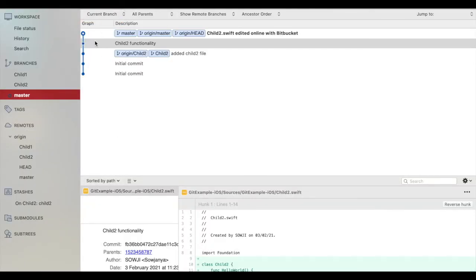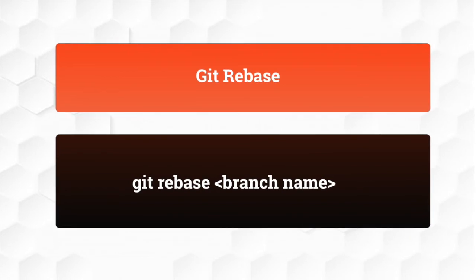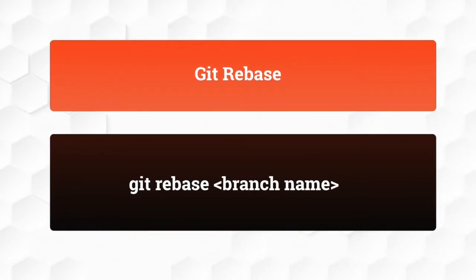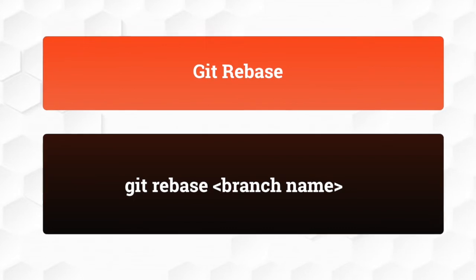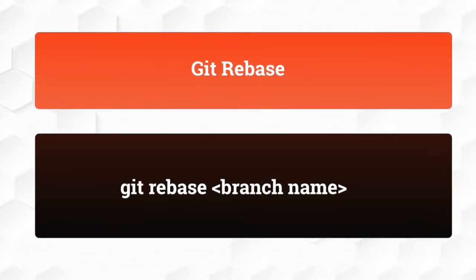You can see the current branch is nothing but the master which we have selected, and now I'll be explaining what is git rebase. Git rebase branch name. Git rebase and merge both integrate changes from one branch to another, but rebase compresses all the changes into a single patch.